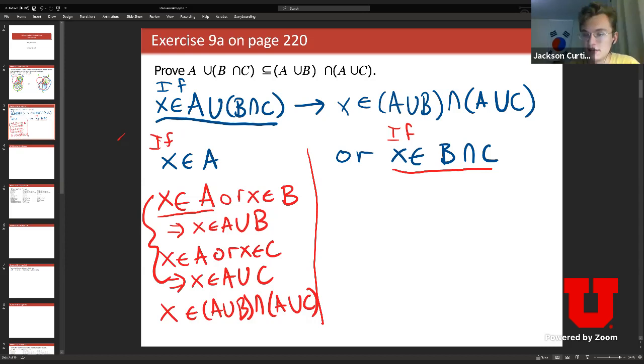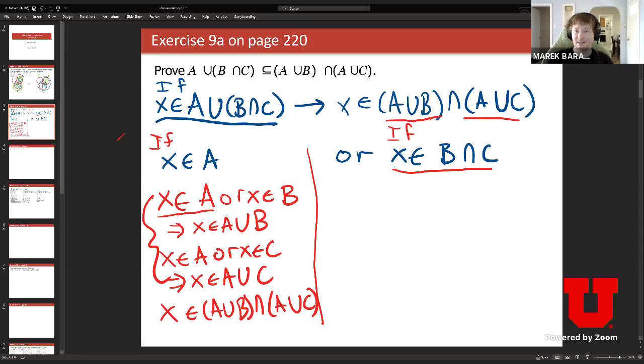So we're just trying to show that it's in the right-hand side on this one, right? Yeah, and then the next line is you proving it's in the right-hand side. We're trying to construct an argument to say that it's in what's on the right-hand side. Okay, thank you.